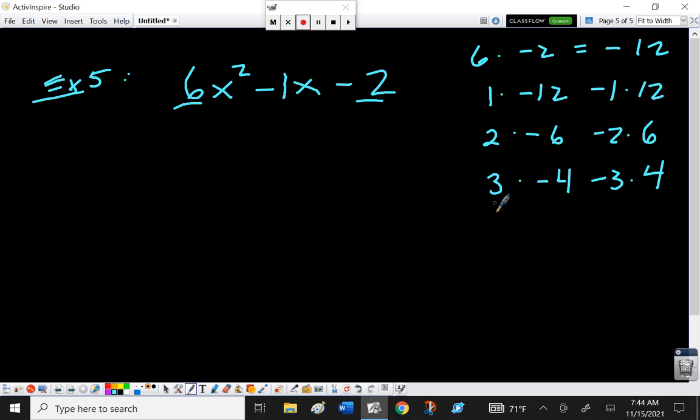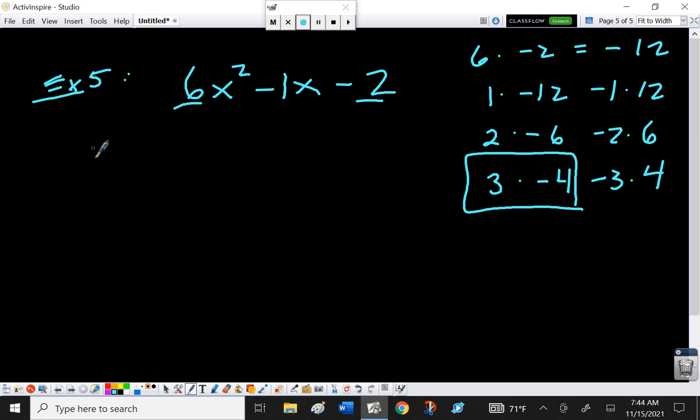That's it. Those are all the factors of negative 12, that is. So looking at this, which of these can I combine with addition that will give me a -1 in the middle? If you said +3 and -4, you are correct.